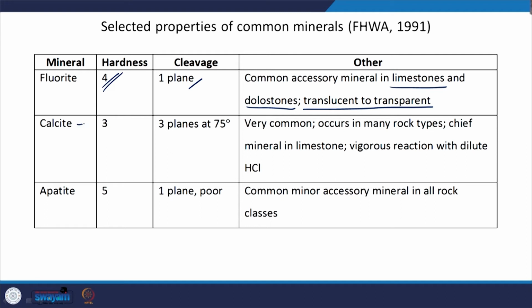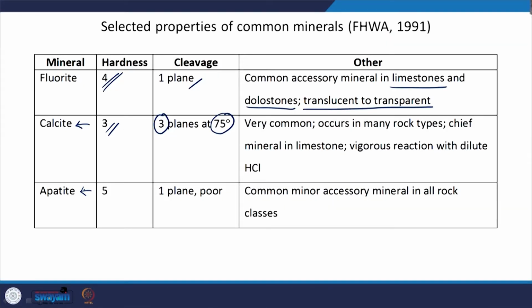Next mineral under consideration is calcite, relative hardness 3, and see here 3 planes at 75 degree. It is very common and occurs in many rock types, and it is one of the chief minerals in limestone, and as far as its reactivity with hydrochloric acid is concerned, it has a vigorous reaction. Next is apatite, having hardness of 5, it is having one plane.